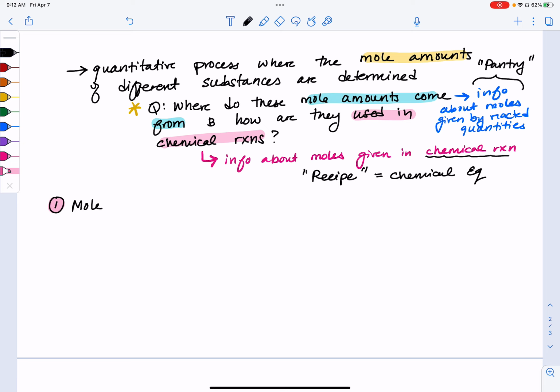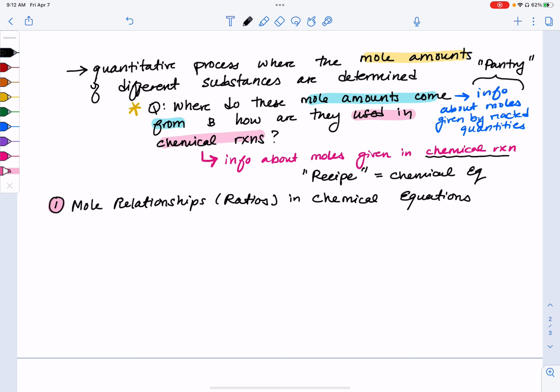So I'm going to title this mole relationships or ratios in chemical equations.